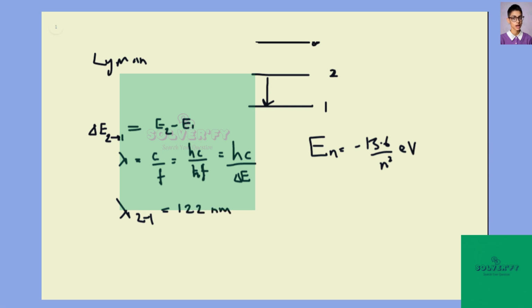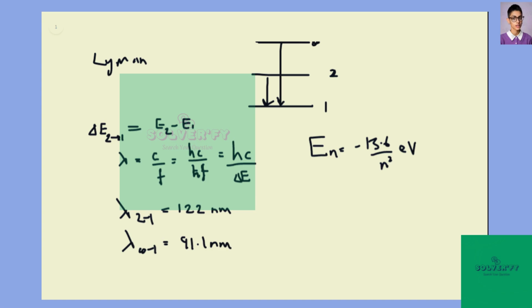Similarly, the shortest wavelength would correspond to the maximum energy, and that is when there is a transition from a free electron to the ground state. So this is infinity to 1. That is simply given by the energy, because the energy of this state is 0 and the energy of this state is minus 13.6 eV. By doing the calculation, we get that this is equal to 91.1 nanometers.